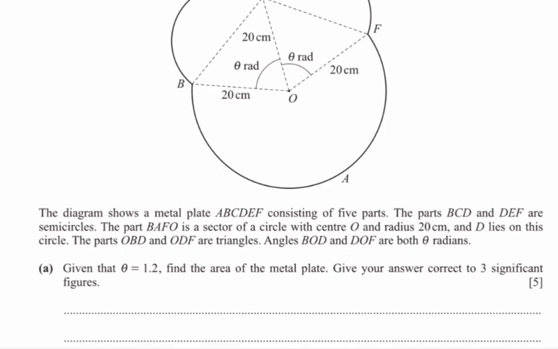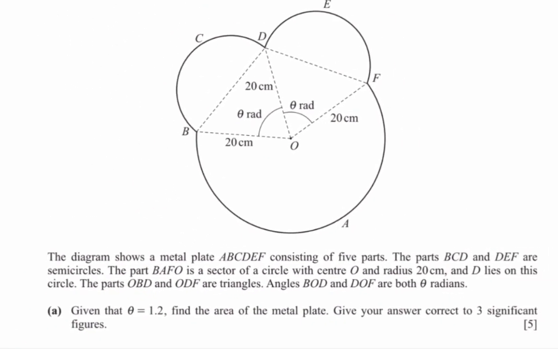And D lies on this circle. I'm sure you can see that on the diagram. And the parts OBD and ODF are triangles. Angles BOD and DOF are both equal to theta radians. And given that theta is 1.2 radians, find the area of the metal plate. Give your answer correct to 3 significant figures.